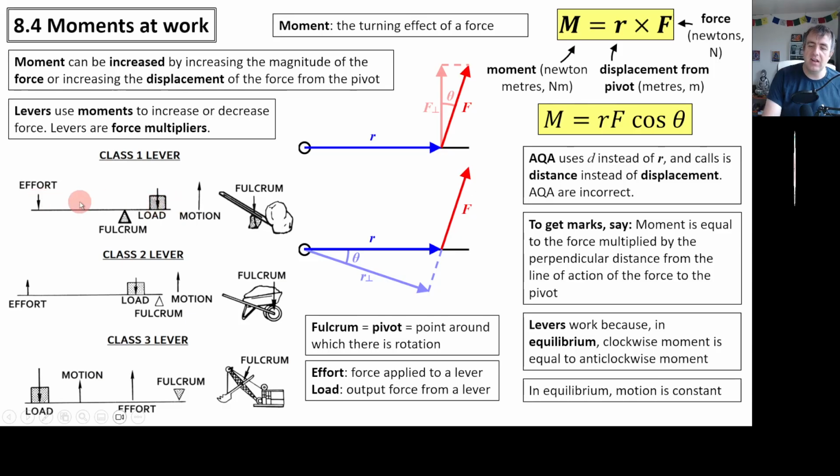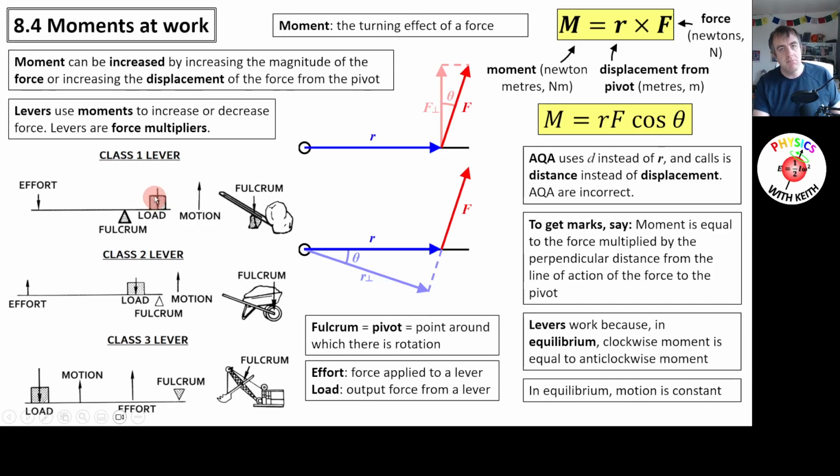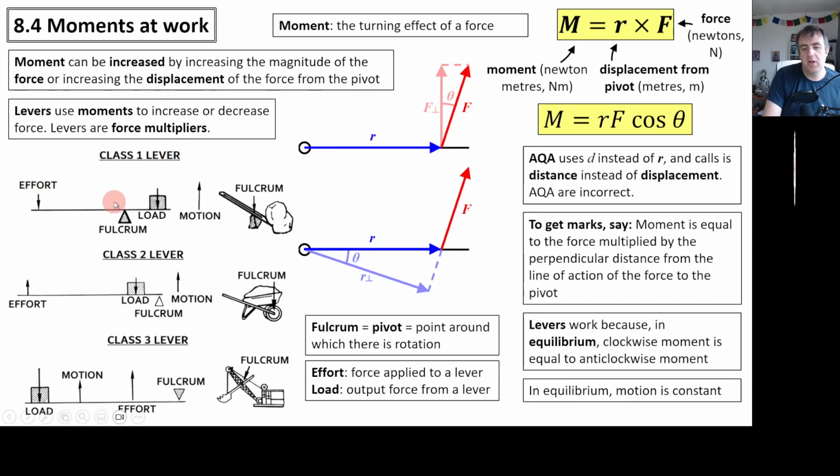If this beam is rotating at a constant rate, then the moment caused by the load must be the same, so that the resultant moment is 0. Clockwise moment equals the anti-clockwise moment. So if the effort multiplied by its distance from the fulcrum is equal to the load multiplied by its distance from the fulcrum, then this is rotating at a constant speed and we are lifting the rock up.